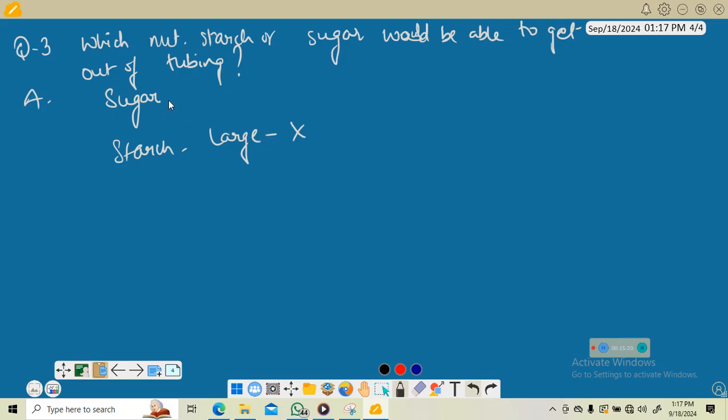Glucose, or sugar, molecules are small in size, so they will pass, because small molecules can move from inside the tubing to outside. The reason is diffusion. And then coming to the next question.